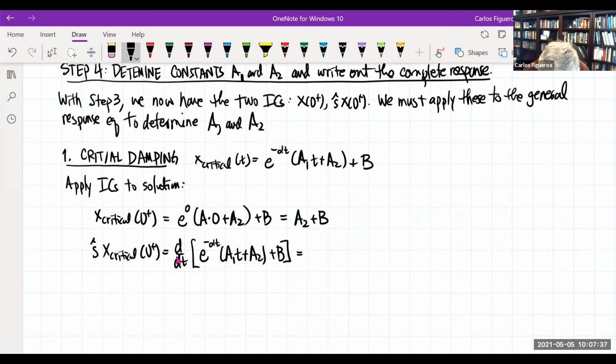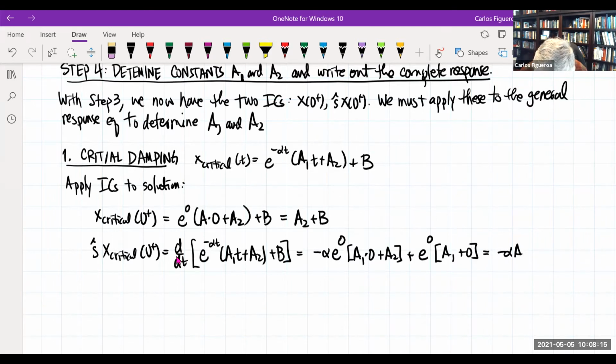So it's got to be minus alpha e to the 0 times a1 times 0 plus a2. And then according to the chain rule, I get e to the 0. So now I focus on the inside term, and if I take the derivative of that, I'm going to get a1 plus 0. So when I look at this algebra, it should be minus alpha a2 plus a1. So that's how I'm going to get it.